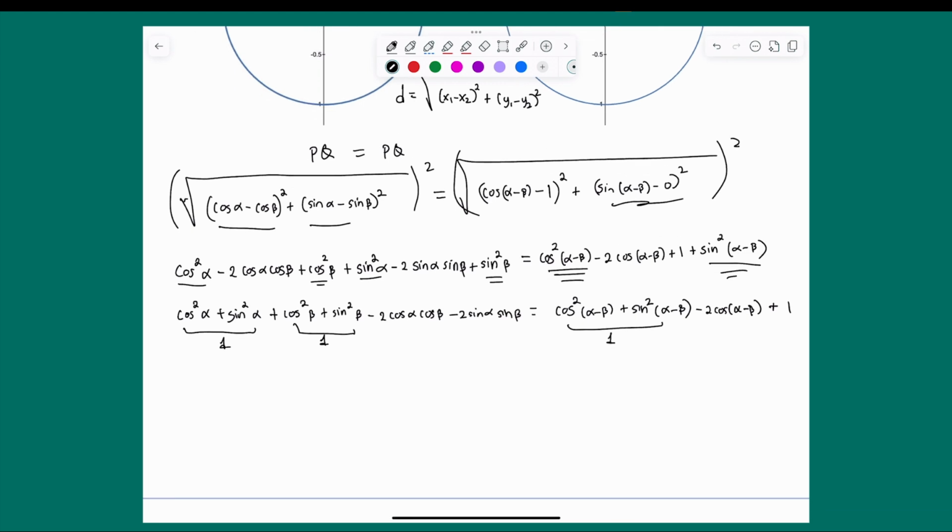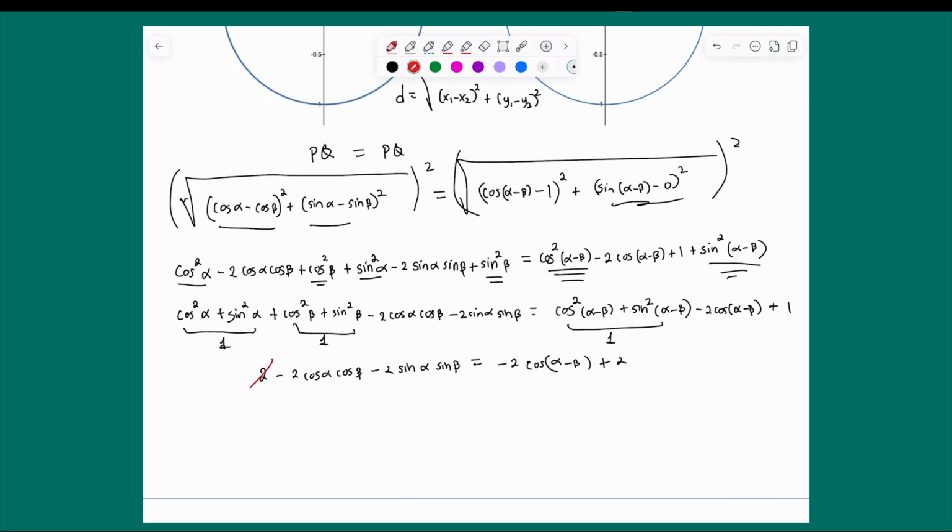And so we're left with 2 minus 2 cosine alpha cosine beta minus 2 sine alpha sine beta, excuse me. And the right hand side we have a 1 plus 1 there, so we're left with minus 2 cosine alpha minus beta, and then 1 plus 1 gives us plus 2.